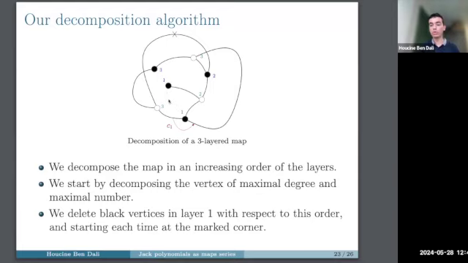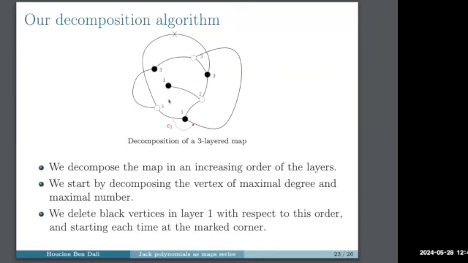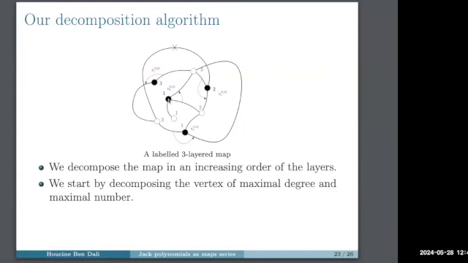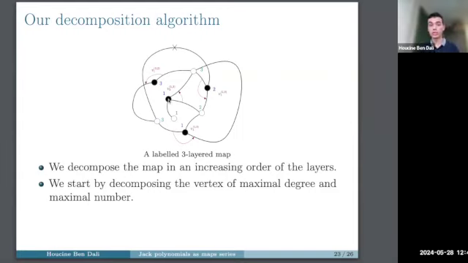So the total order on edges is just the order of decomposition. And so you actually pick the corner and direction, so you know which edge is first and which is second and so on at each black vertex. Exactly, yes. Okay, thanks. The reason we know which is the first black vertex is because we have this labeling. Because if we have layered maps which are not labeled, that would be hard to pick which black vertex to start with, for example. Yes.